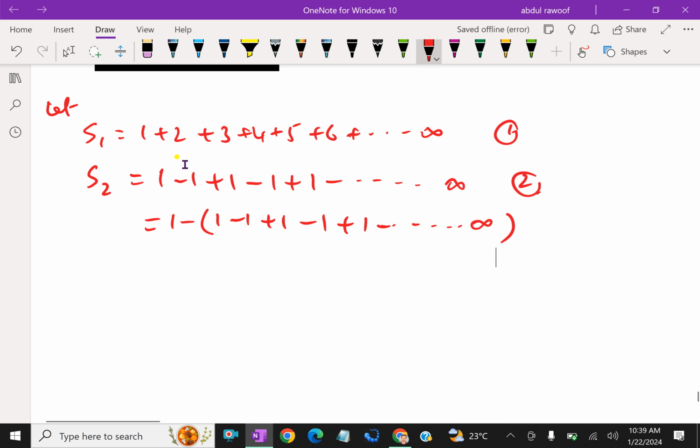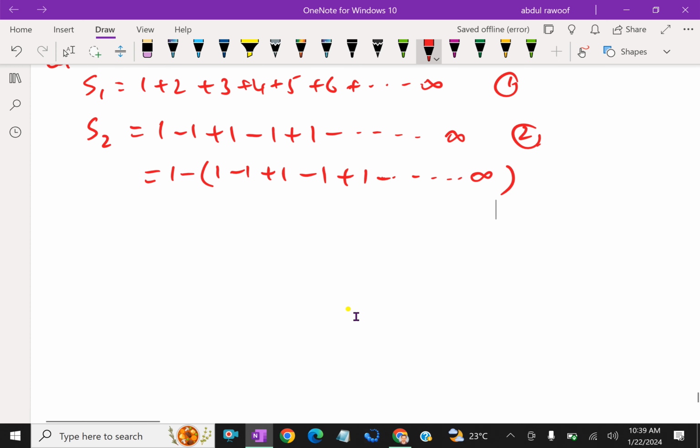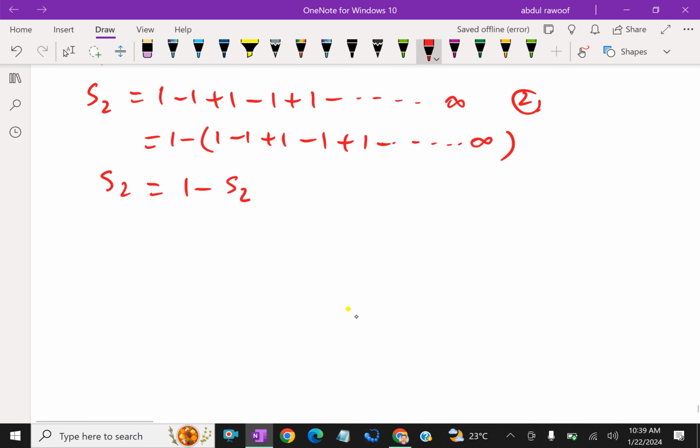Now what do you understand here? After taking 1 out, inside is the series S2 as it is. So we can write S2 equal to 1 minus S2. From this equation, collecting on one side, 2 S2 equals 1, which gives S2 equal to half.